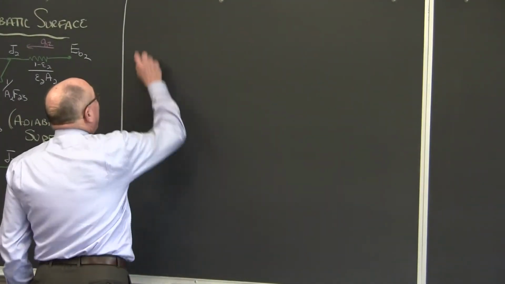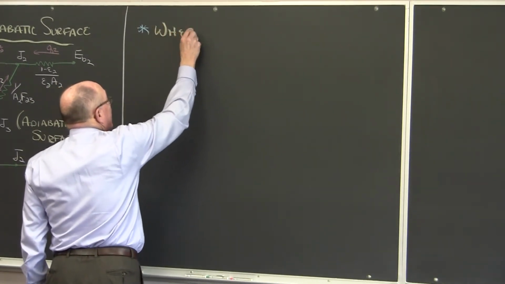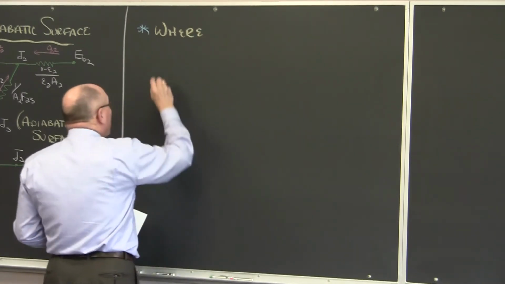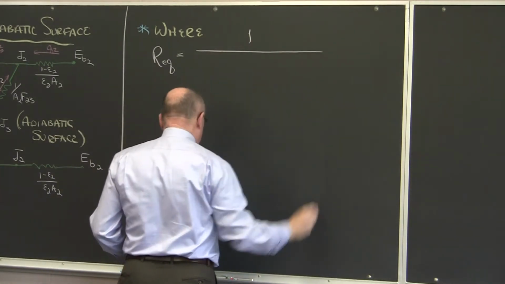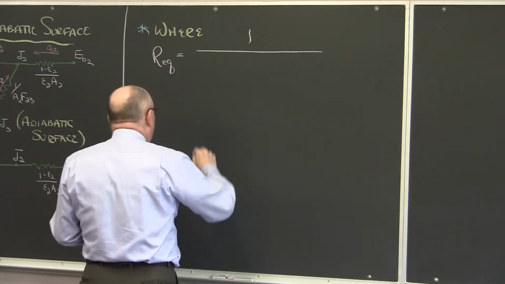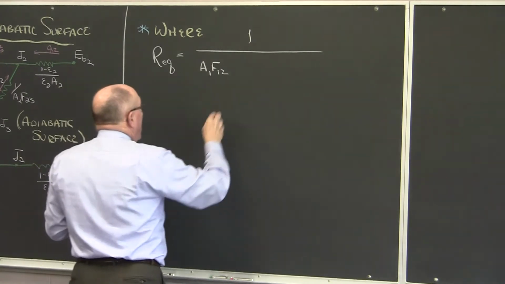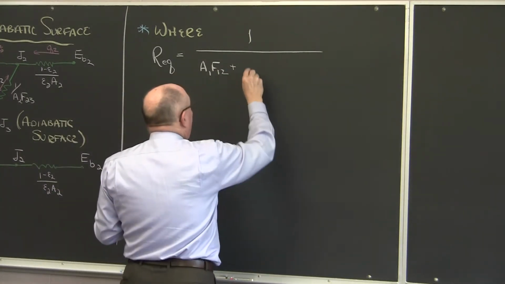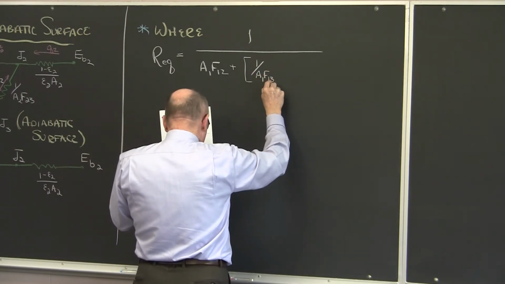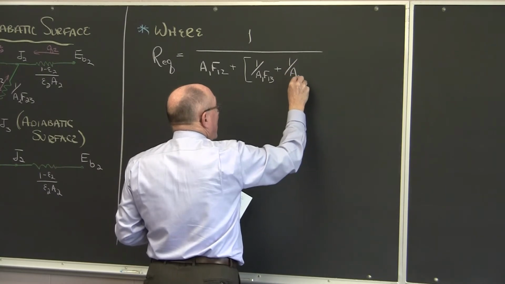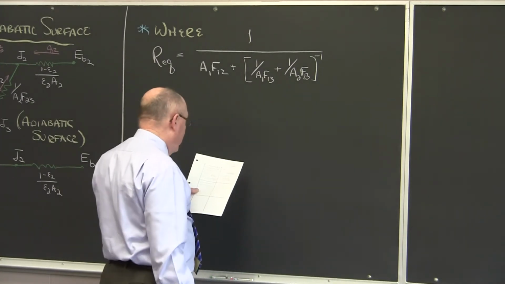Where our equivalent resistance would be equal to 1 over A1 F1 to 2 plus 1 over A1 F1 to 3 plus 1 over A2 F2 to 3, over the reciprocal of that.